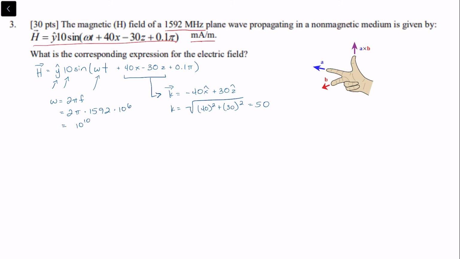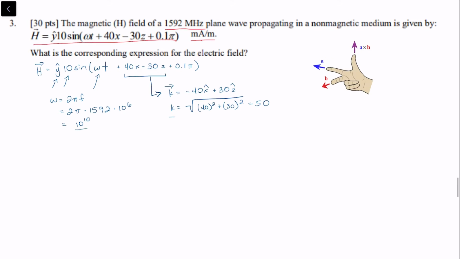Well, we don't have much, but we have omega and we have a value of k. So how can we relate the two together? Well, v, the velocity of the wave, is omega over k. If we input their values, that's 10 to the 10th power over 50. That is equal to 2 times 10 to the 8th power.